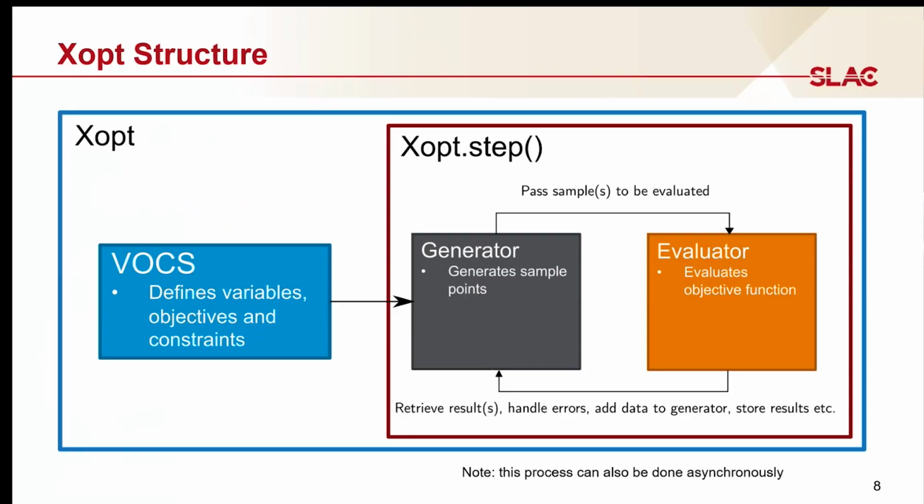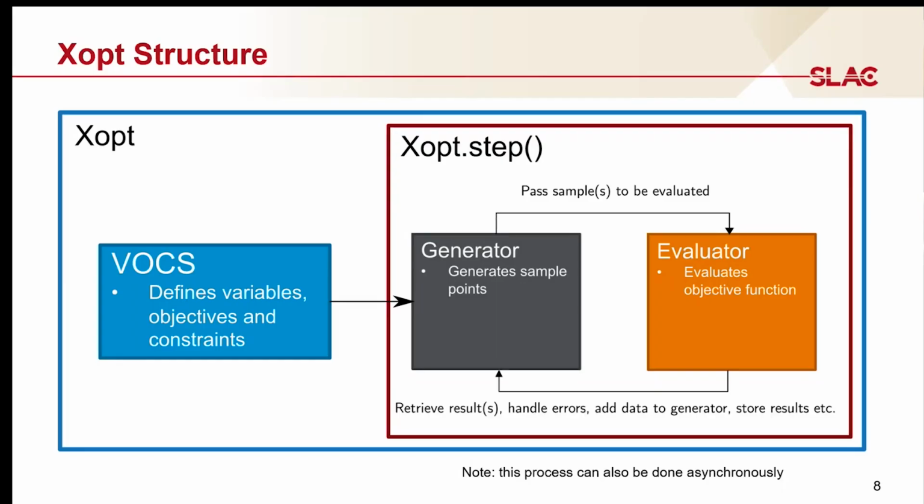It defines what parameters we're able to adjust. The objectives are what we're looking to, for example, maximize or minimize. And then we can specify observable-based constraints, such as making sure that the beam is not destroying any of our experimental equipment.